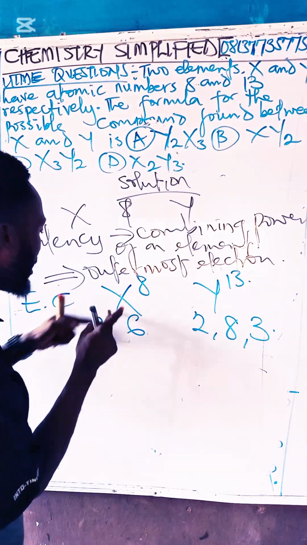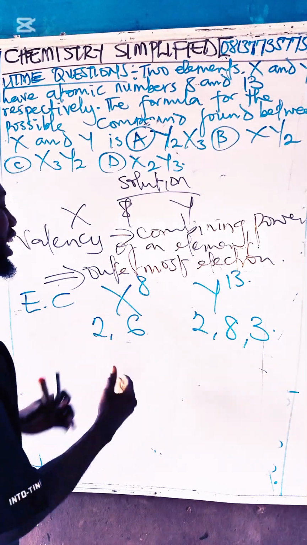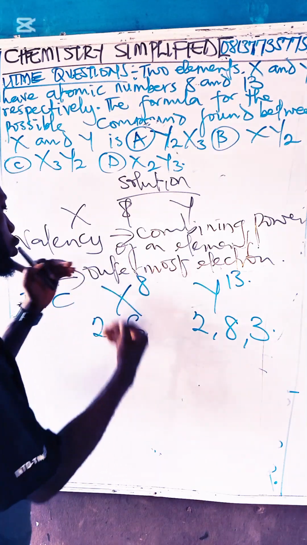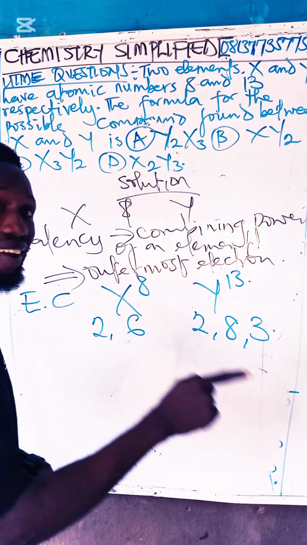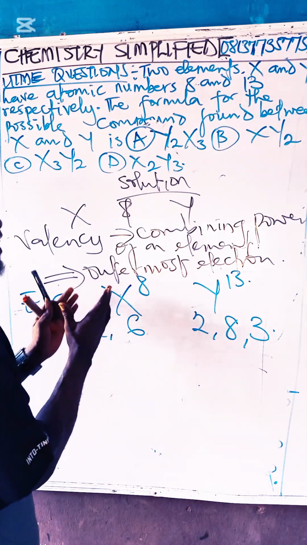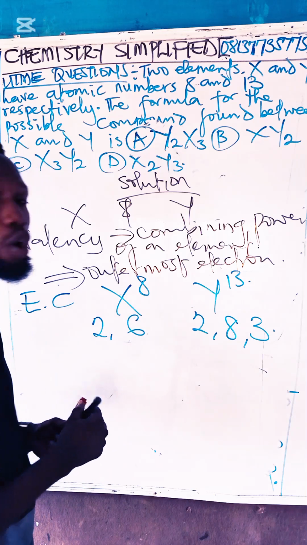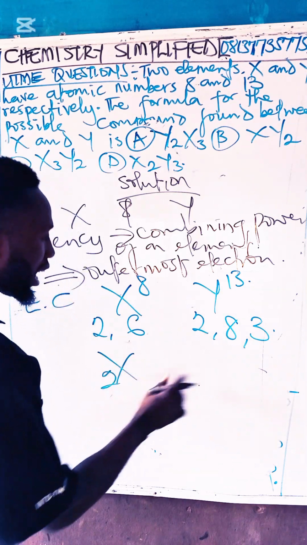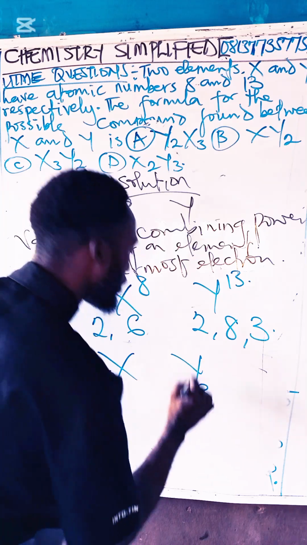While element X is a non-metal, and it will need to borrow 2 to complete its octet structure, where it's going to use that 2 to combine with another element. Therefore, element X has valency of 2 and element Y has valency of 3.